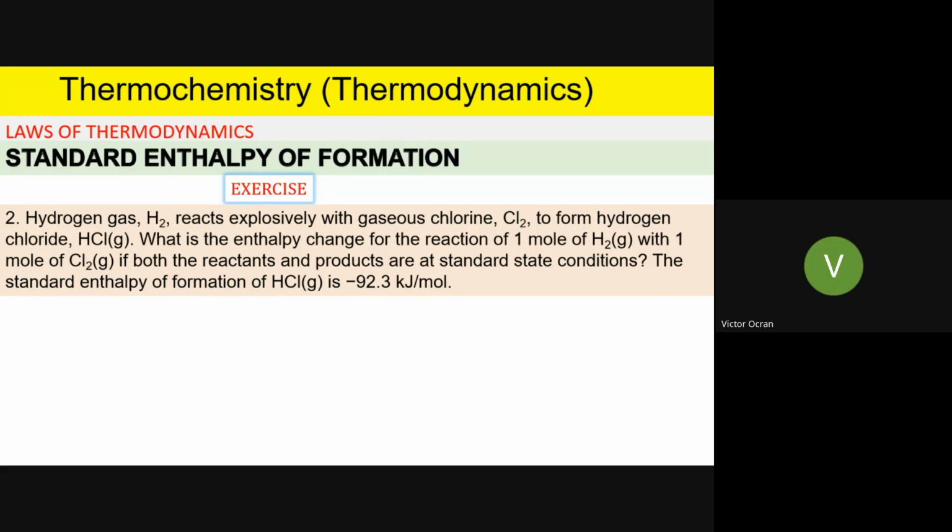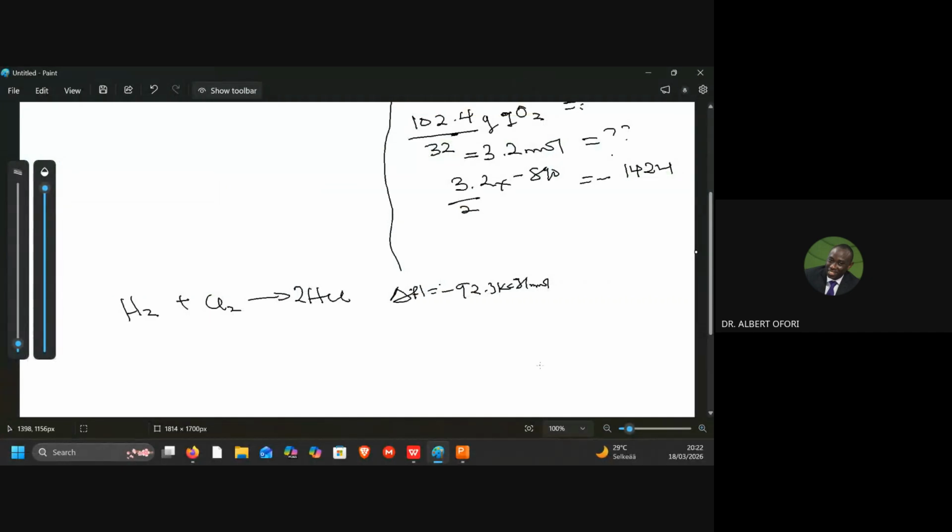If you are going back, standard means the HCl should be 1 mole. So for this, I need to divide this by half, and this by half, so that this becomes 1 mole, and this is the enthalpy.